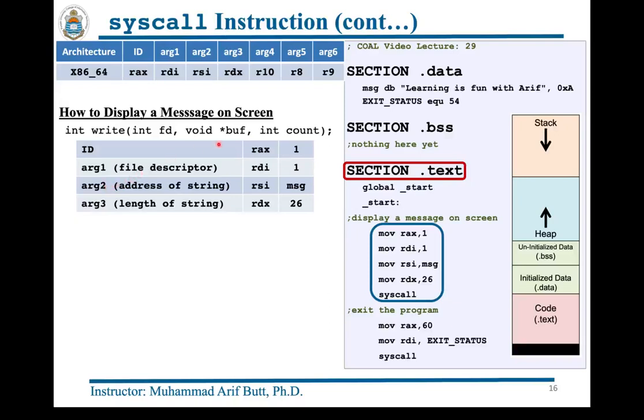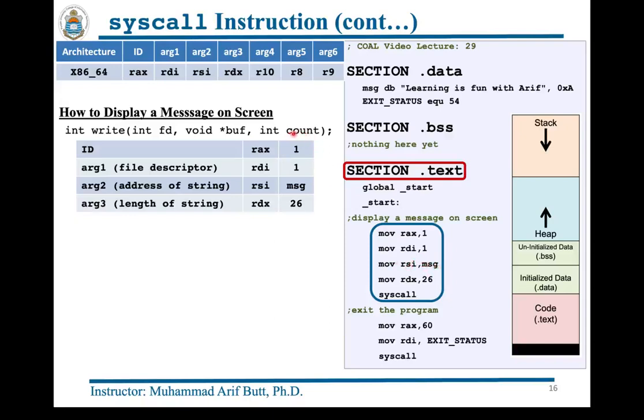The second argument is this buffer. We need to place the address of the string inside the RSI register, and the address of the string is MSG, so we need to place MSG in RSI. So this is the instruction which does this task. Move RSI, message. The address of the string which we want to display on screen will be moved to RSI.